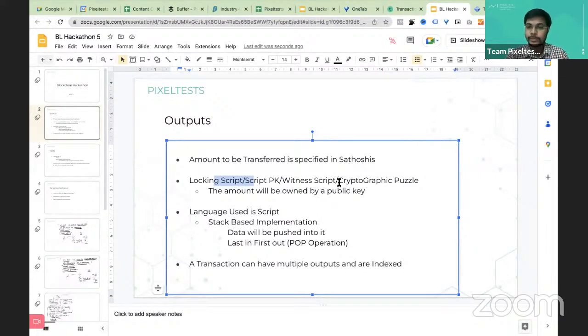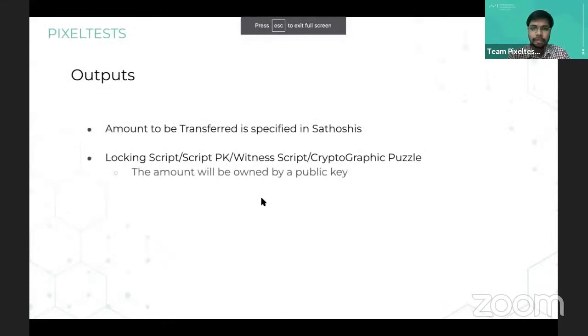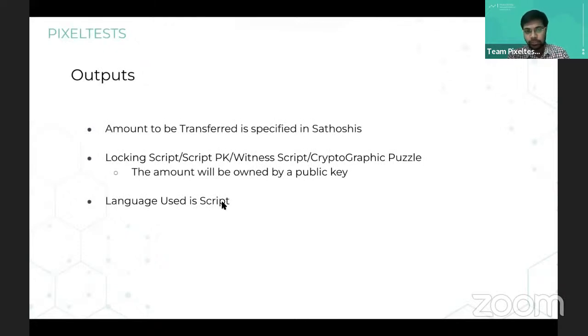The professor also explains why it is called a cryptographic puzzle: the ownership will only be unlocked by the person who has the secret. It is not possible for anybody else to claim the ownership. We also understood that the language used by the blockchain network is called script.